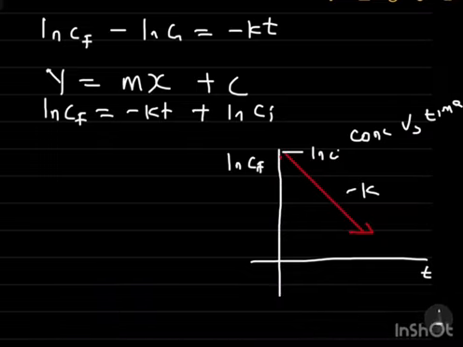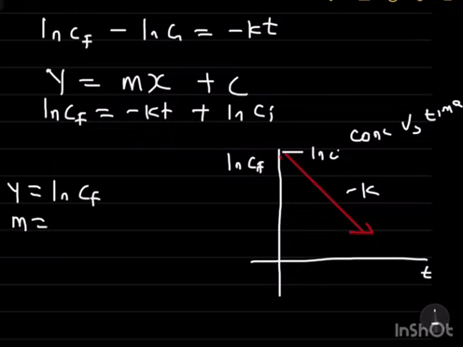So it means that y equals ln C final, m equals minus k, x equals t, that is the time, and c, the intercept, represents the ln C initial.